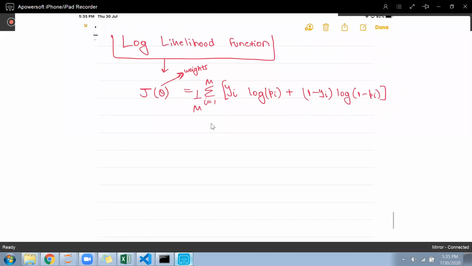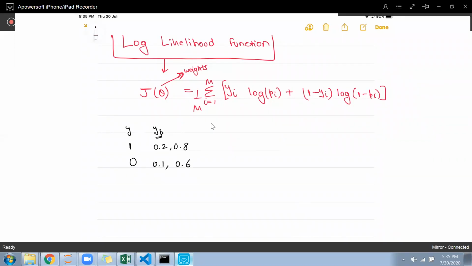I would like to ask you one thing. Suppose these are my y actual and y predicted.